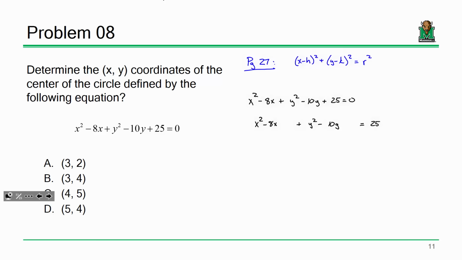So what's half of 8? 4, and then square it. So 4 squared is 16, which, oh, you all weren't paying attention. That's a negative 25. All right. So I propose to add 16. But if I add 16 over here, I've got to add 16 over here. And we'll group that.